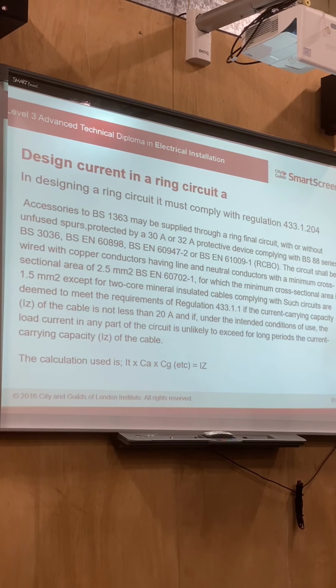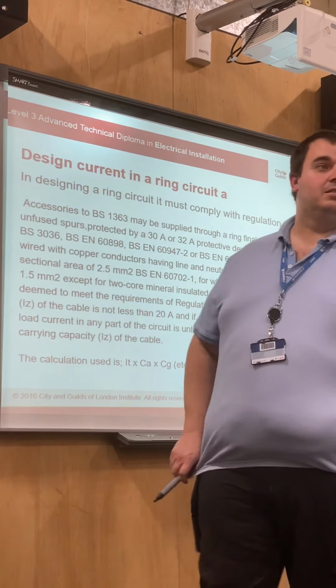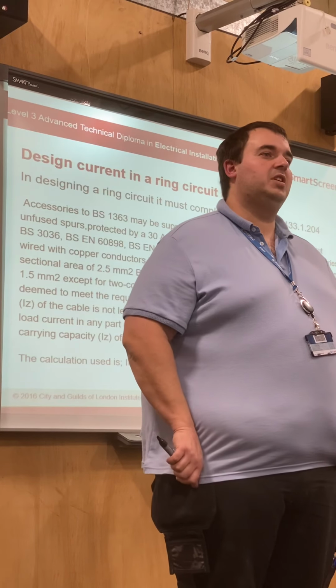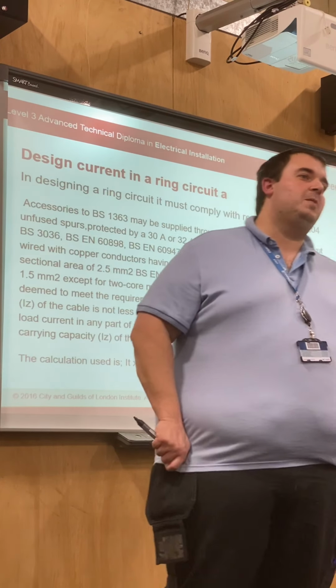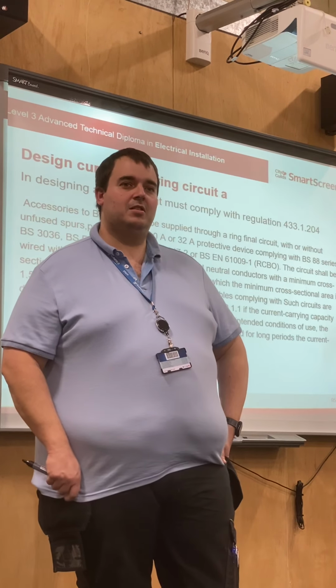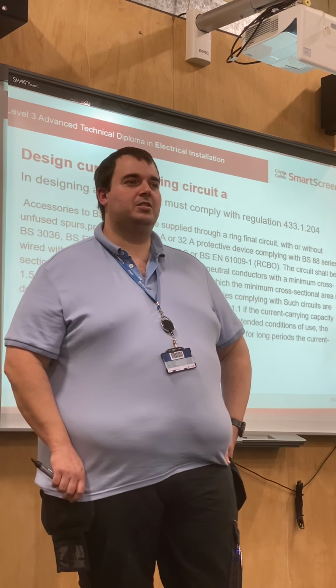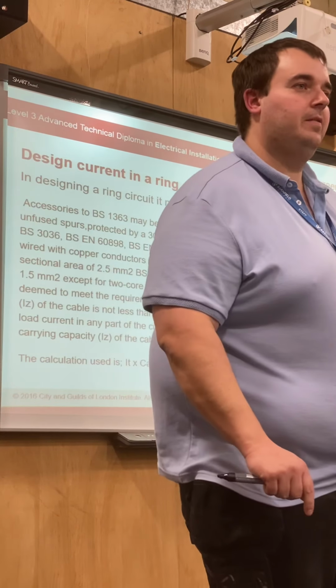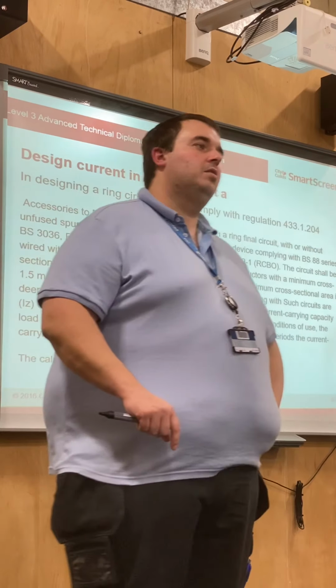It has been known to happen. Majority are the same though, aren't they? Yeah, quite often in a lot of circuits they'll be the same. But if you want to save a couple of pennies, you could install a 1.5mm earth on this, couldn't we? A lot of people don't like to because of the spacings in the conduit. You want to be able to reduce some of the cores. So we're going to go for a 2.5mm live and the 1.5mm earth.